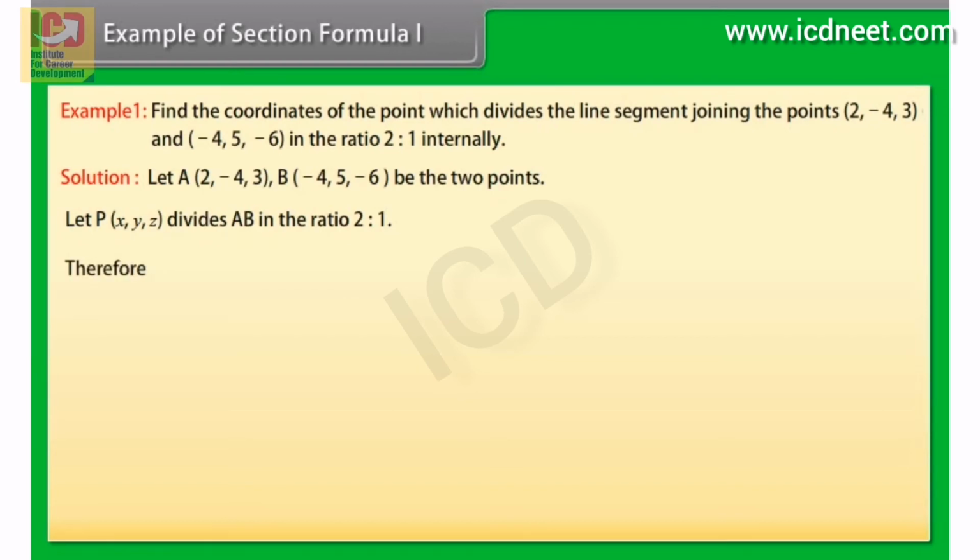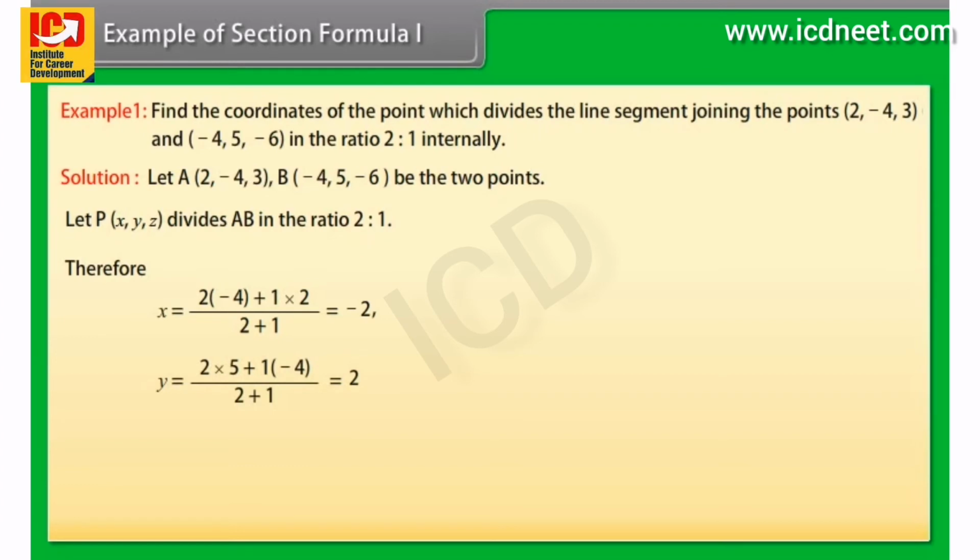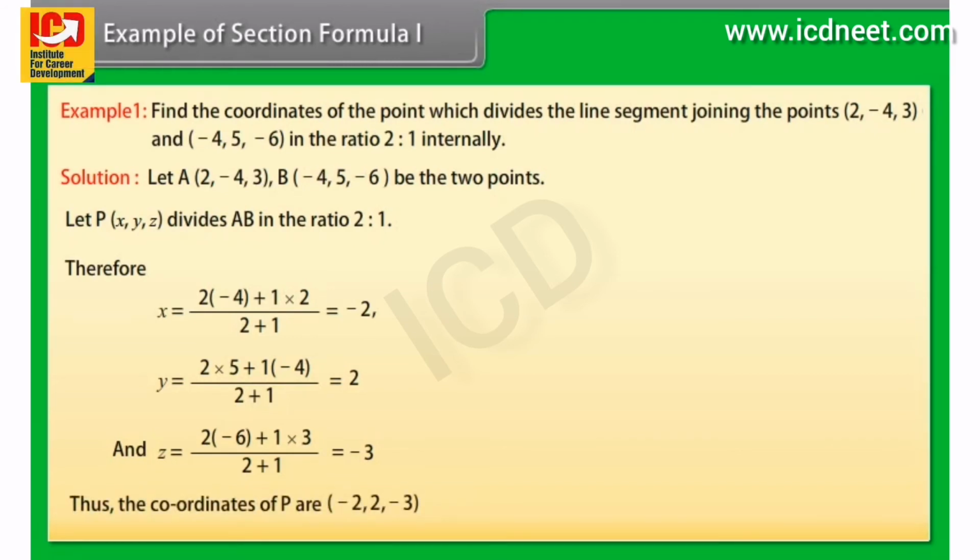Therefore, x = (2 into -4 + 1 into 2)/(2 + 1) = -2, y = (2 into 5 + 1 into -4)/(2 + 1) = 2, and z = (2 into -6 + 1 into 3)/(2 + 1) = -3. Thus, the coordinates of P are (-2, 2, -3).